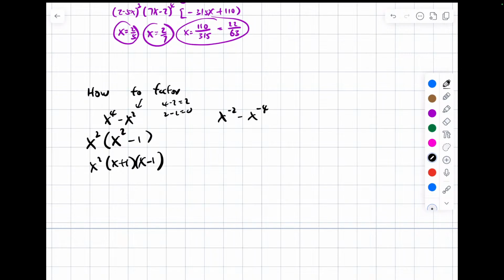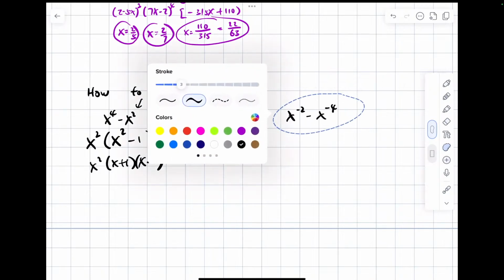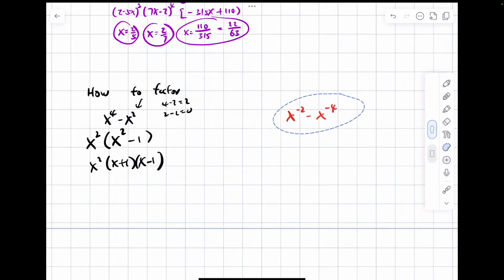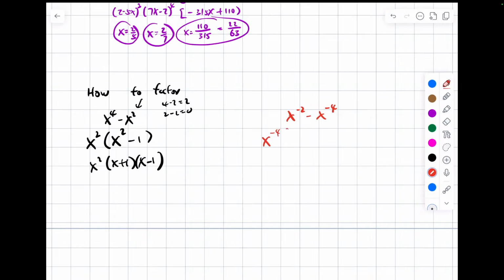However, this one's a little bit different. This one has the negative power. You're like, wait, why do we need to do this, first of all? Well, when we go to the end, we will show you why we're doing this. But which one's more negative? So we're going to factor out x to the negative 4. Now, remember, once you factor out, you subtract the power that you factor out. You subtract the negative 4 from negative 2.